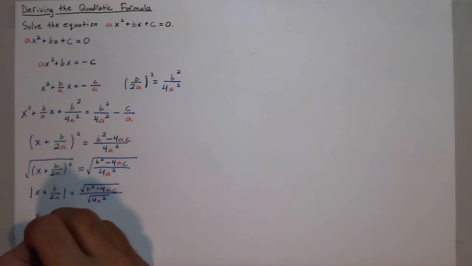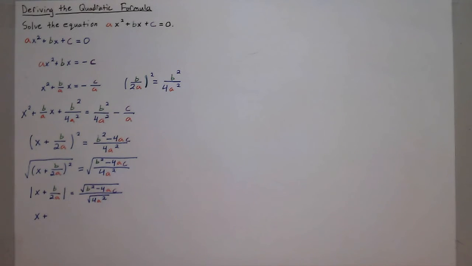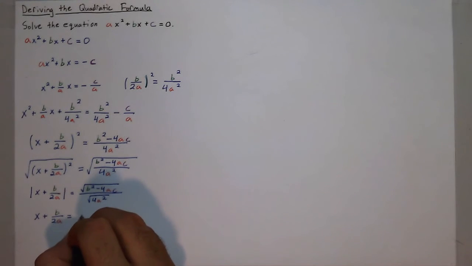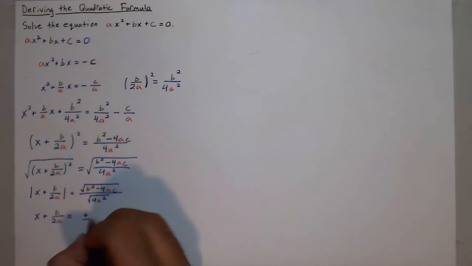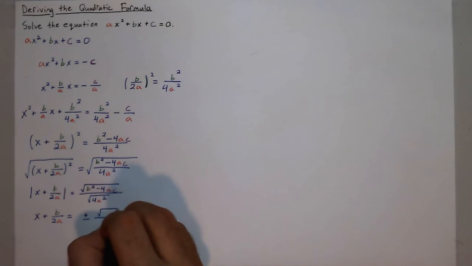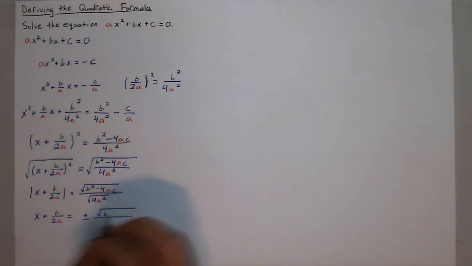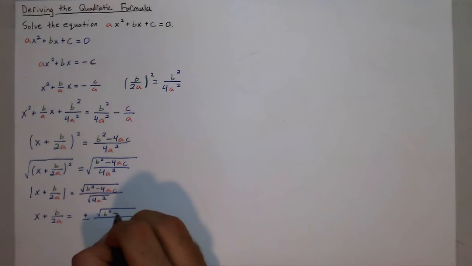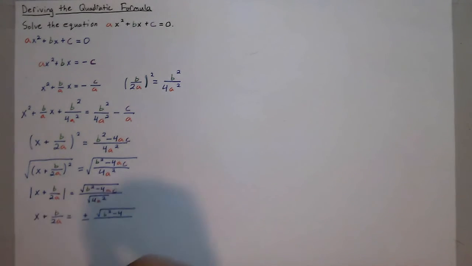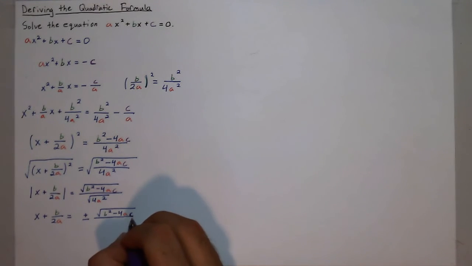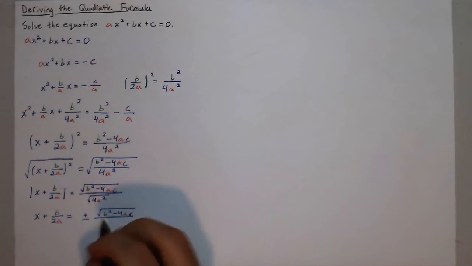So I'll have x plus b over 2a is equal to positive or negative the square root of b squared minus 4ac all over the square root of 4, which is just 2, and square root of a squared, which is just a.